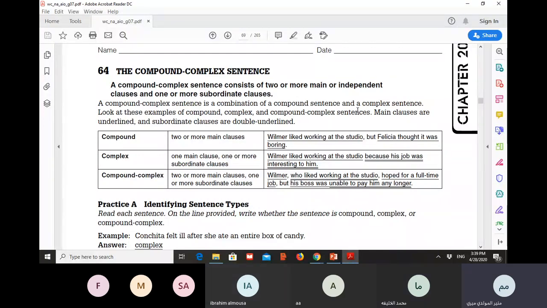And there must be one or more subordinate clauses. A subordinate clause is always introduced by a subordinating conjunction. We saw that in the previous course when we talked about a complex sentence. And a subordinate clause cannot stand by itself. Hold on a minute, please.